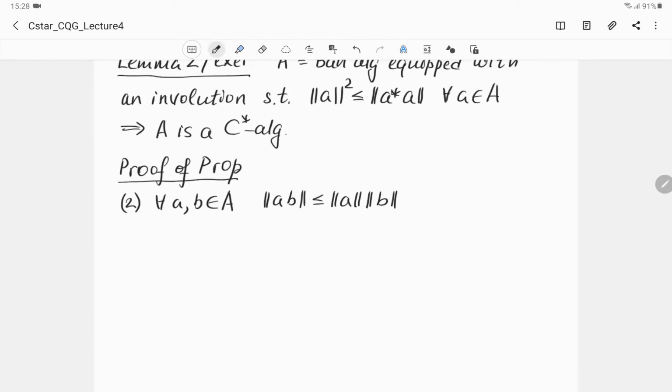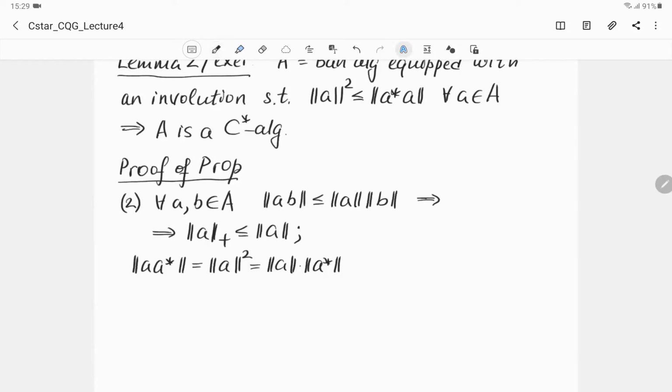If we take now the supremum over the closed unit ball, so little b now runs over the closed unit ball, we conclude that the new norm restricted to A is less than or equal to the old norm. But on the other hand, if we substitute A star here, then by the C-star axiom, this is the norm of A squared, and this is the norm of A multiplied by the norm of A star.